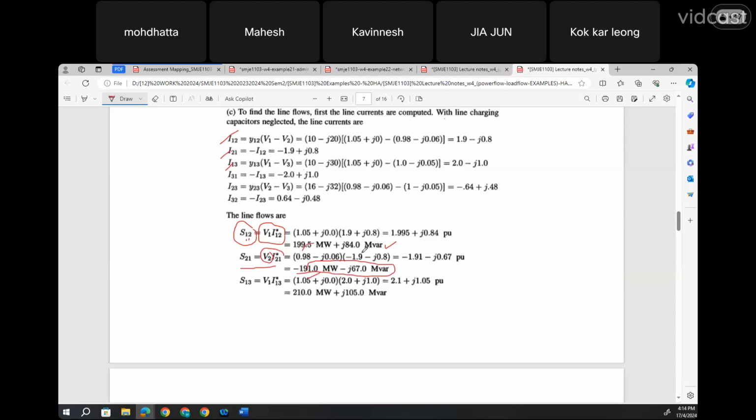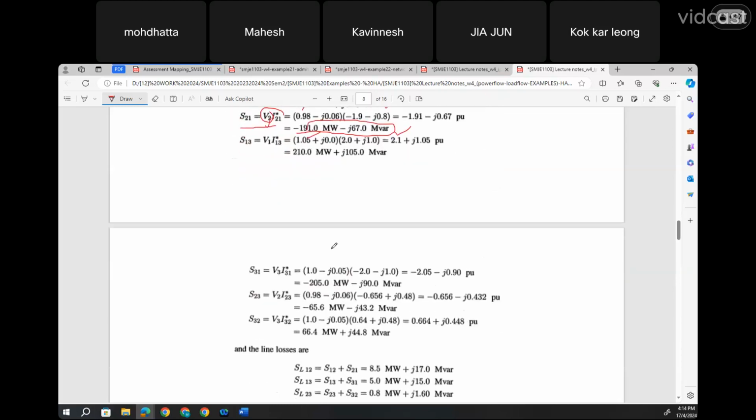For the reactive power, we have 84 megavars, and negative 67 megavars for S21, when we refer to the current flowing from bus 2 to bus 1. It's different. Although the current value is just the negative, the influence of the voltage results in a different value of complex power flow from bus 2 to bus 1.